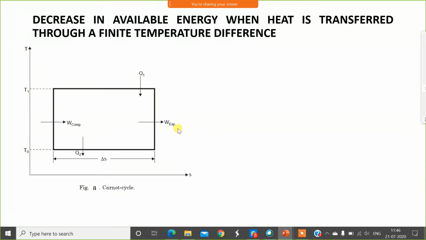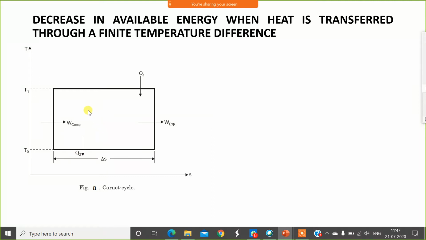Therefore, net work done is work done of expansion minus work done of compression. During isothermal process, heat is supplied to the system, and during isothermal process, heat is rejected from the system. Therefore, net heat transfer is equal to Q1 minus Q2.